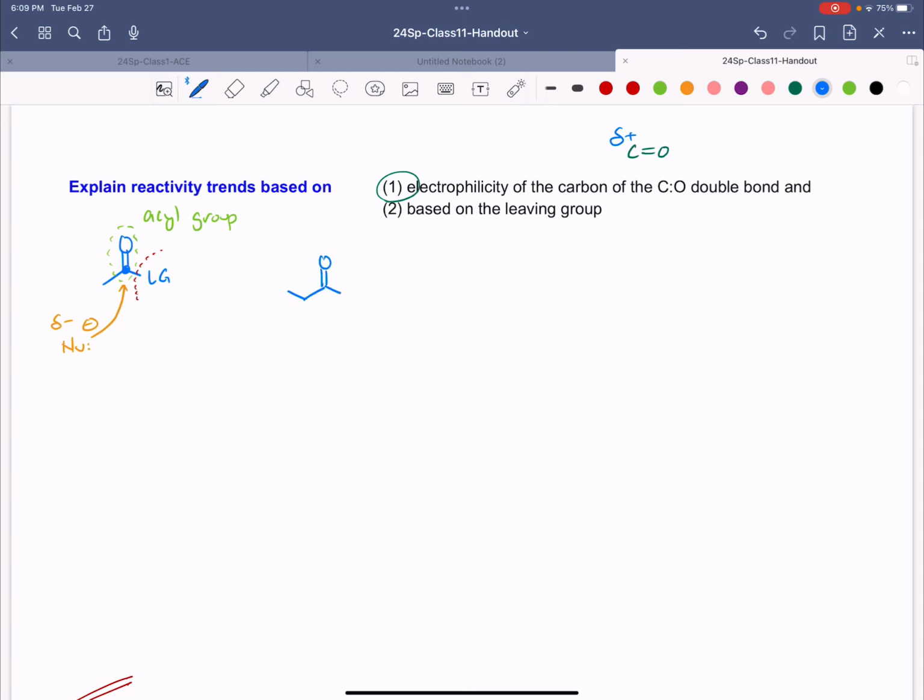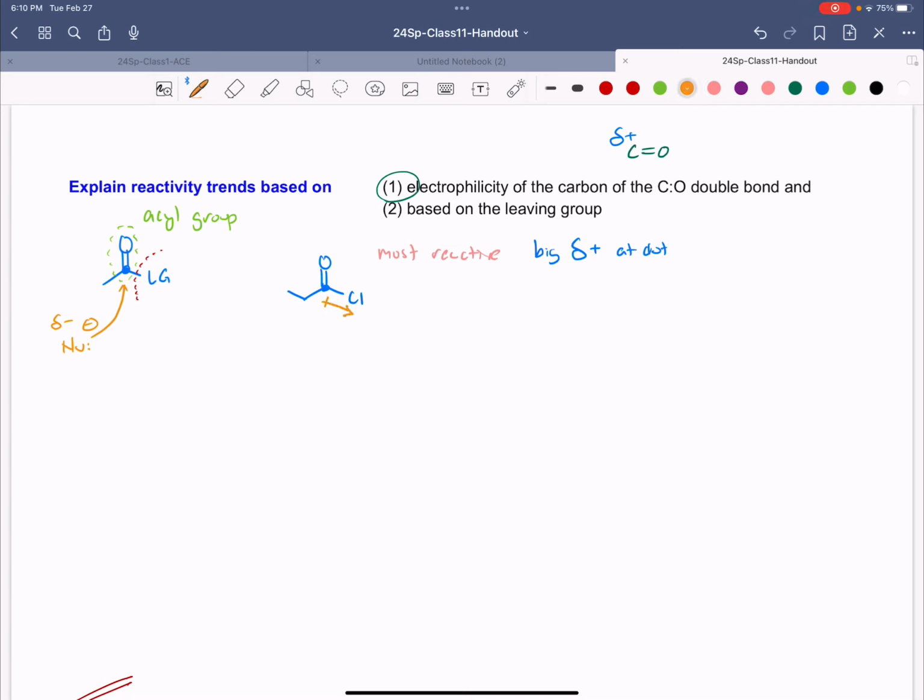I'll draw it here. Again, just so we remember, this is the most reactive. And it's going to have a big partial positive, which I'm going to put at the dot right here. The reason for that is chlorine is electronegative, and we are pulling electron density away from that carbon.